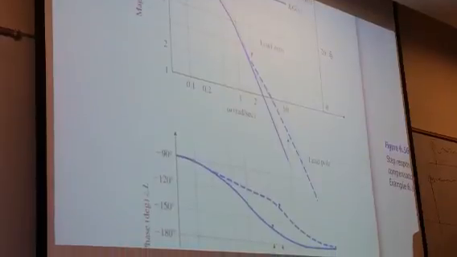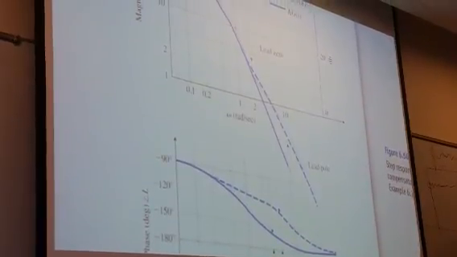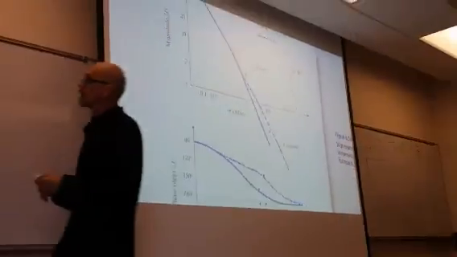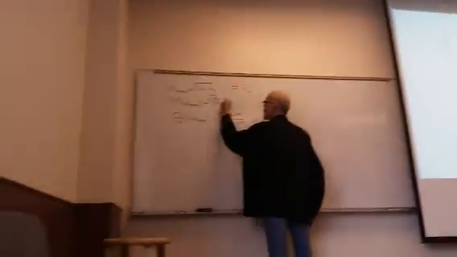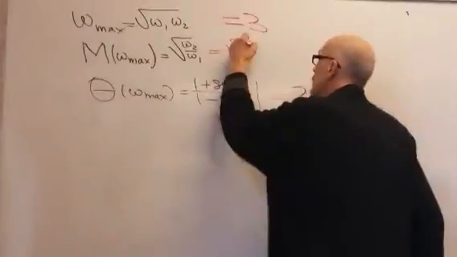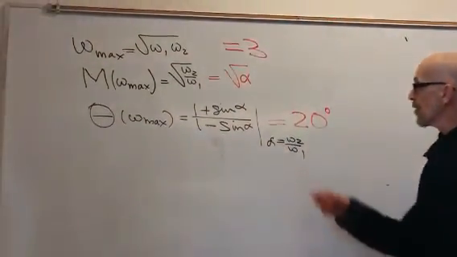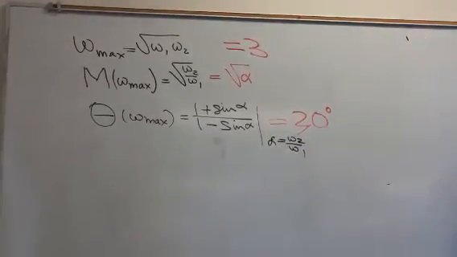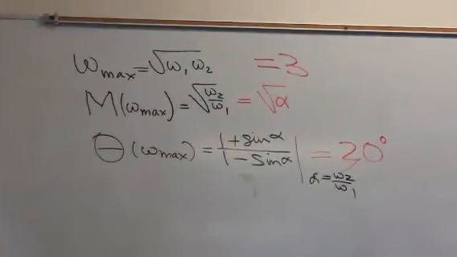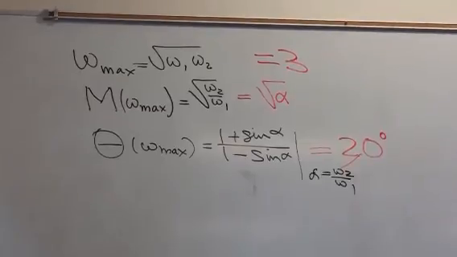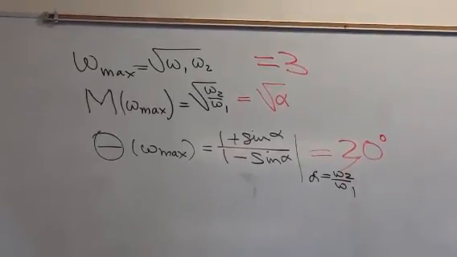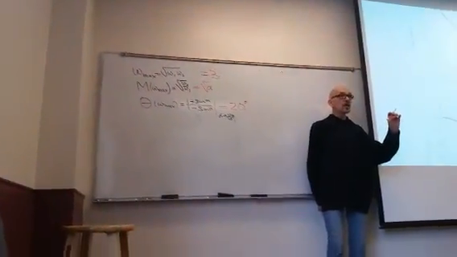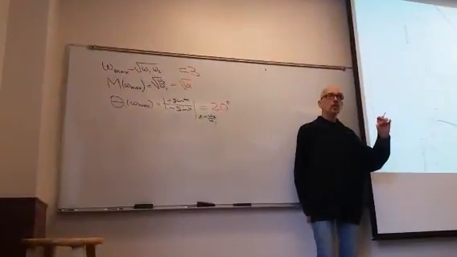This is alpha. So if I put 30 degrees here, I know what alpha is. I know what the ratio is. I'm not saying where I've put it yet. All I'm saying is I know the ratio of omega 2 to omega 1, because I'm adding 30 degrees of phase, even though I only thought I needed 20.